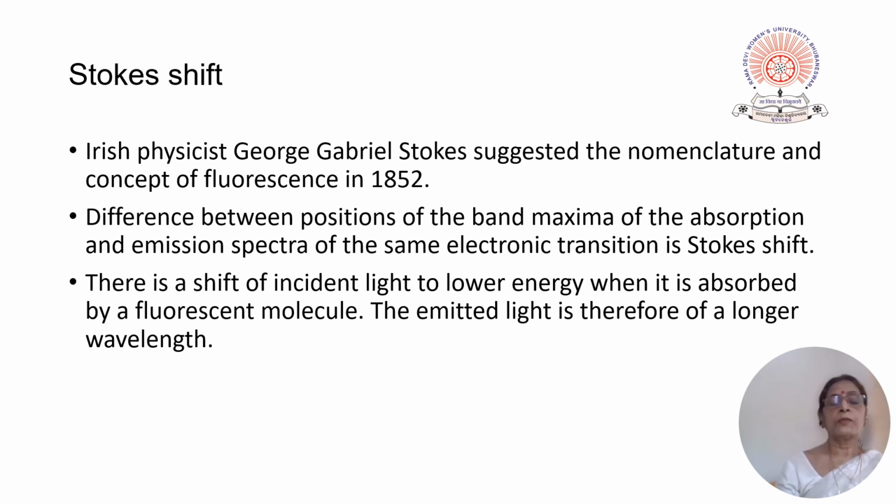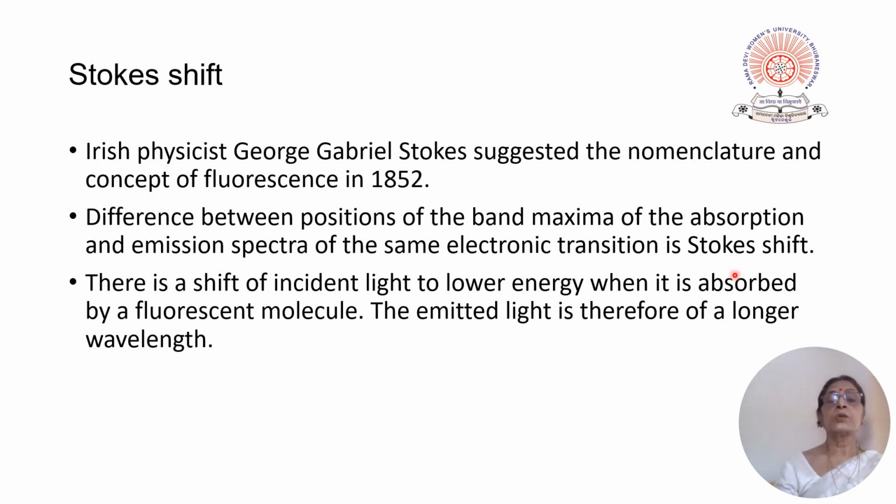The concept of fluorescence was given in the year 1852 by George Gabriel Stokes, and according to his view, there is a difference between the positions of the band maxima of the absorption and the emission spectra of the same electronic transition.